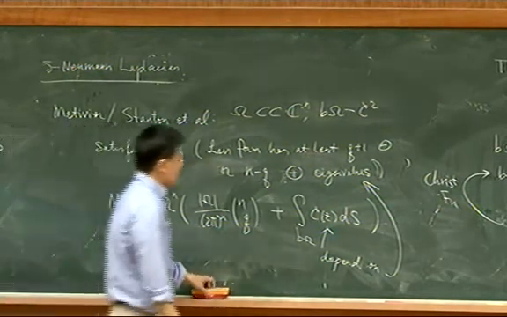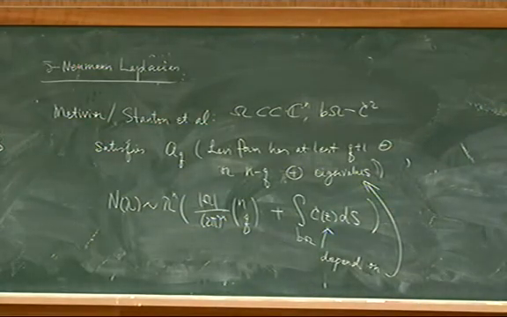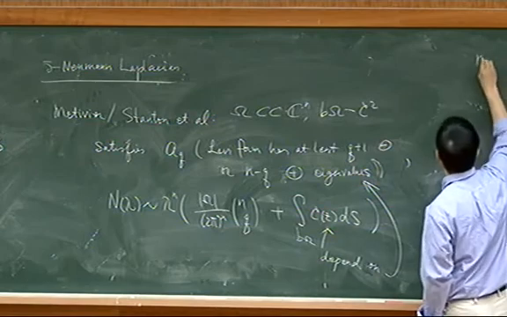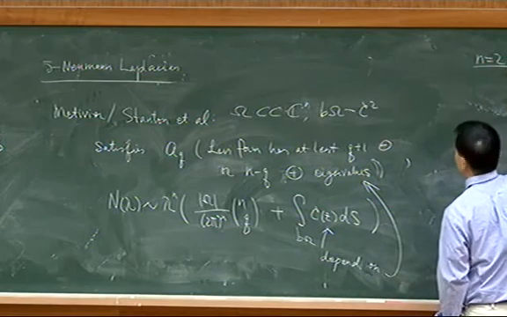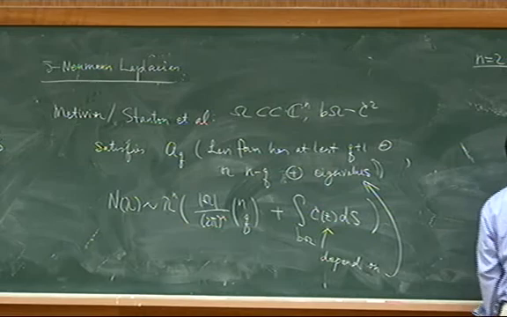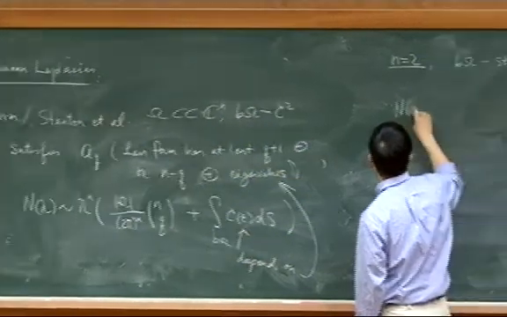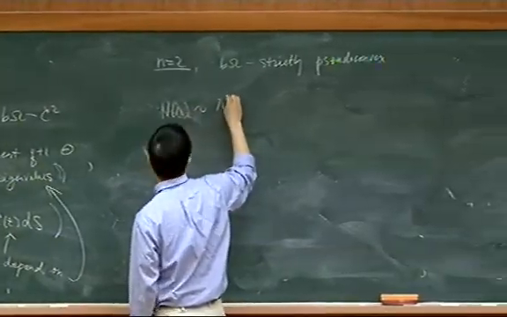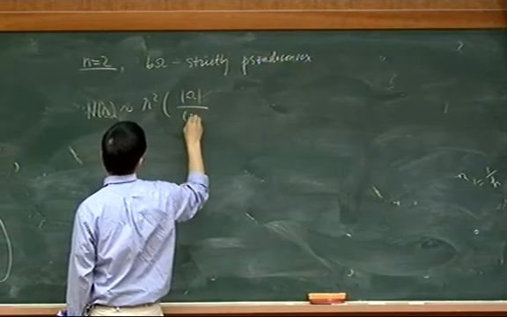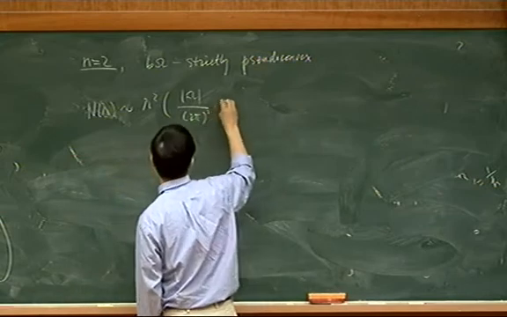So in particular, when n is 2, and in this case omega is strictly pseudo-convex, then the counting number is n, this would be 2, and this 2 pi to the 2, so times n 2 choose 1, 2.